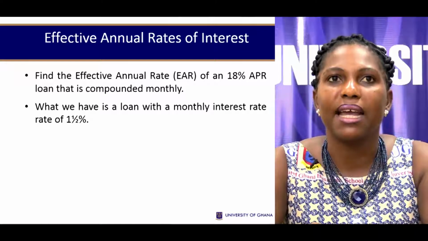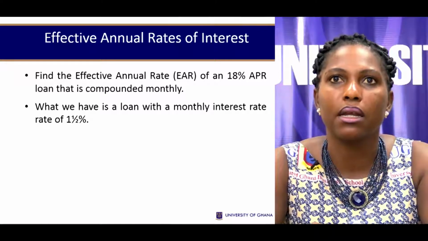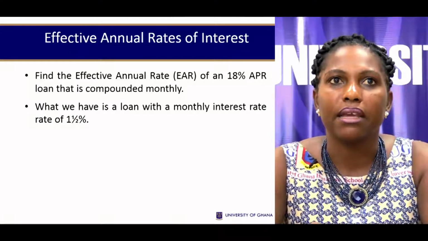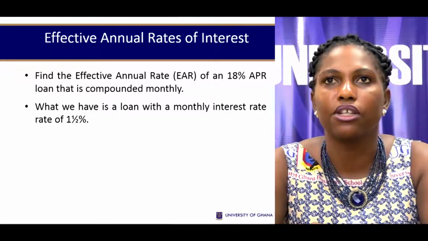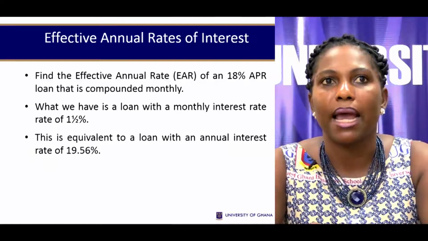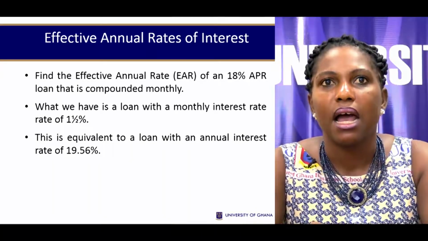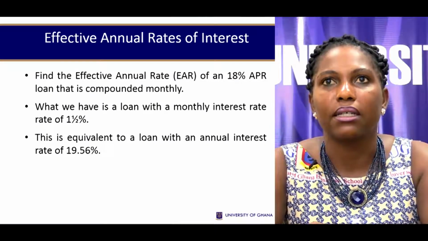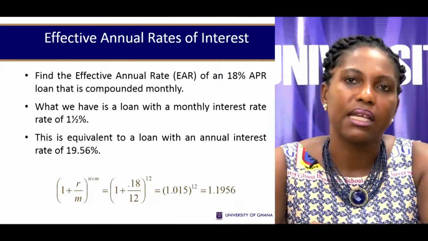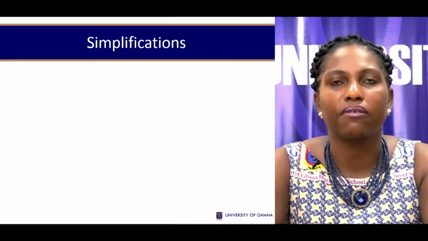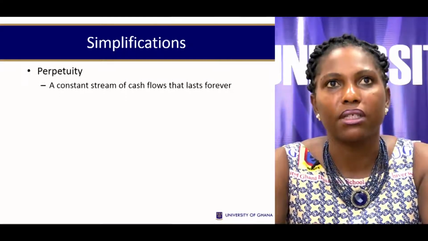We are going to divide it by 12 because the compounding is monthly. That gives us 1.5% as the monthly interest rate. Once we apply that, the effective annual rate would come to 19.56%. So the effective annual rate of interest is quite relevant.